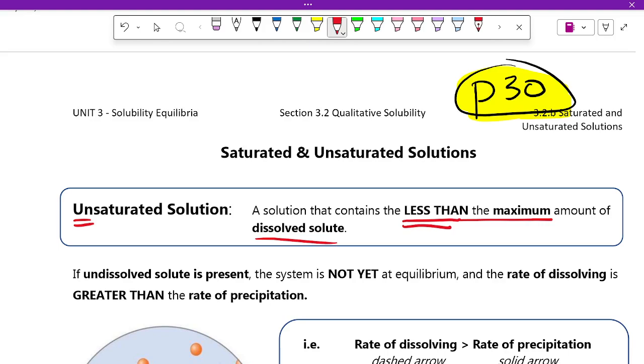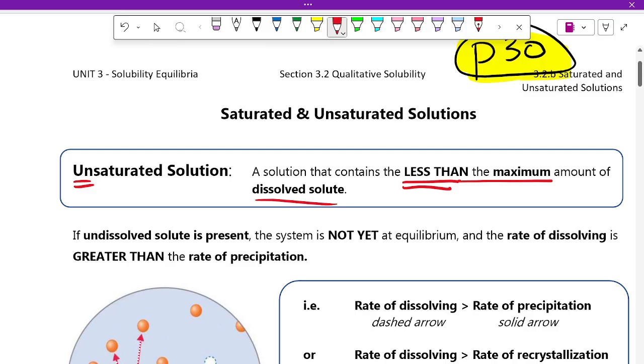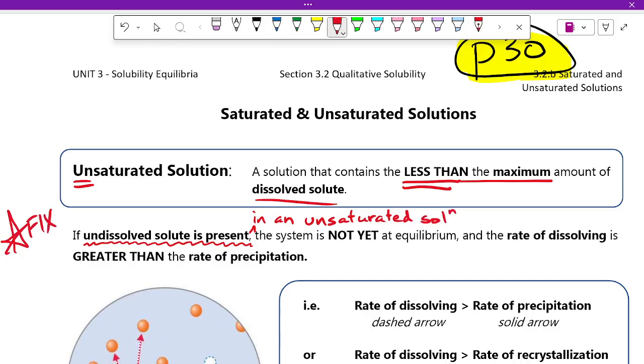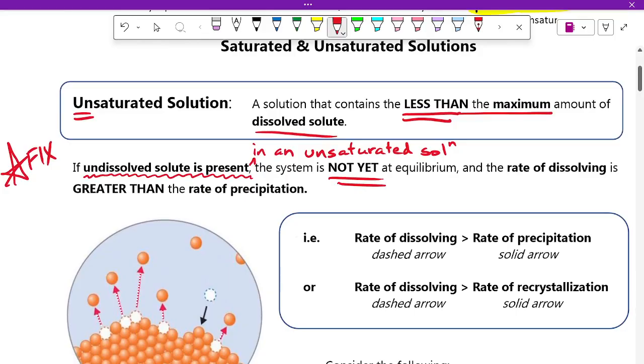And this should actually say, if undissolved solute is present in an unsaturated solution, then the system is not yet at equilibrium, and the rate of dissolving is going to be greater than the rate of precipitation or recrystallization.